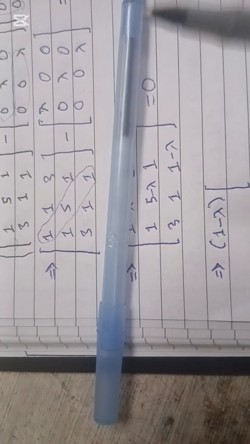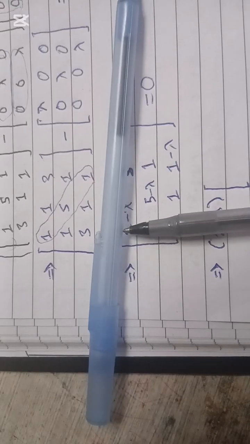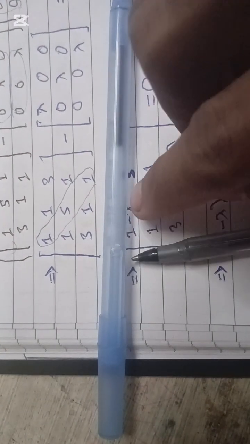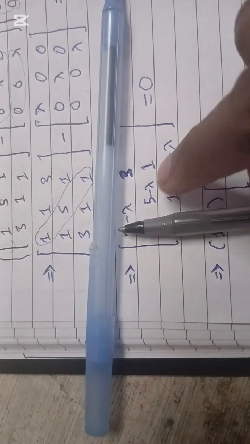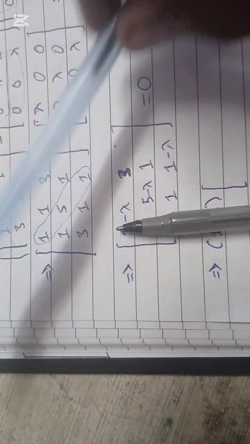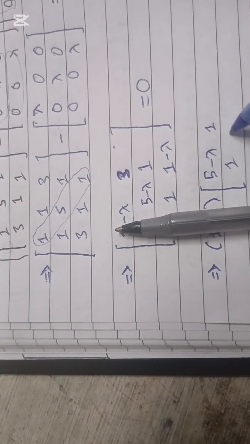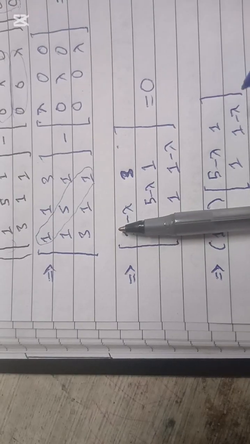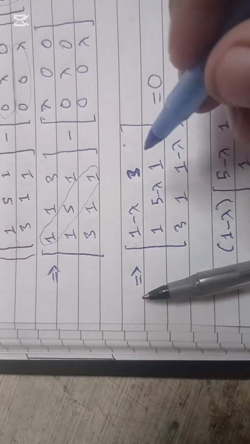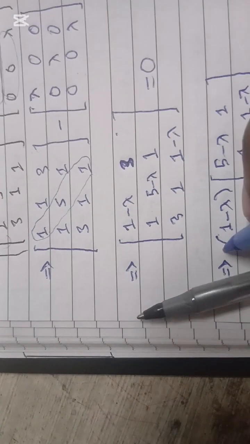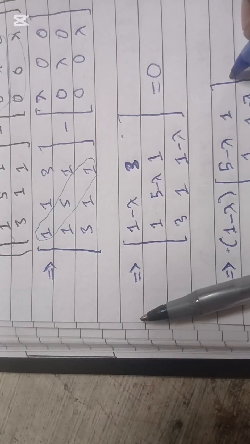To find the equation that will give us the eigenvalues, just put your hands like this. The first one is 1 minus lambda, so we'll select these elements here. That is our first. Remember this will be plus, this will be minus.